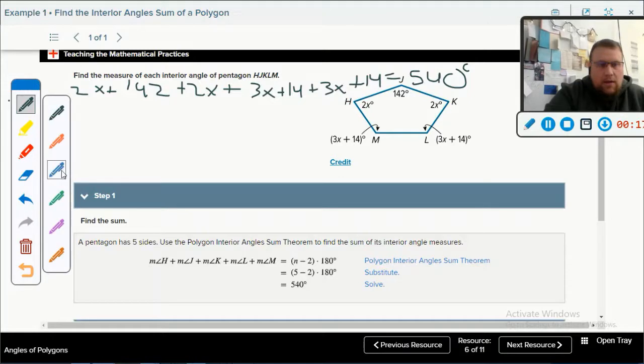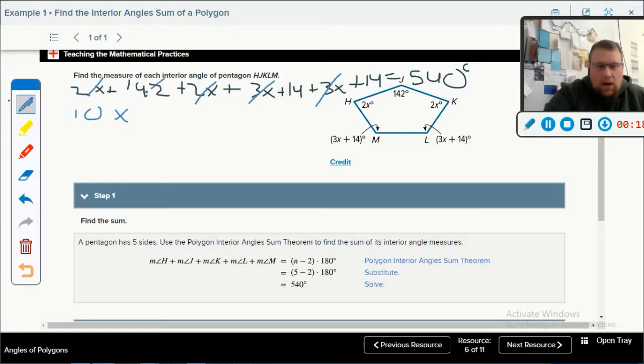Use a different color, blue. 2x plus 2x plus 3x plus 3x. We can combine all those, and that's going to be 2x plus 2x is 4x plus 3x is 7x plus 3x is 10x. So I'm going to have 10x.